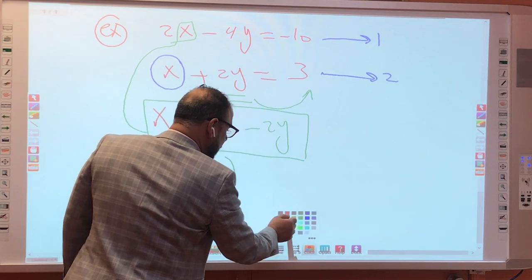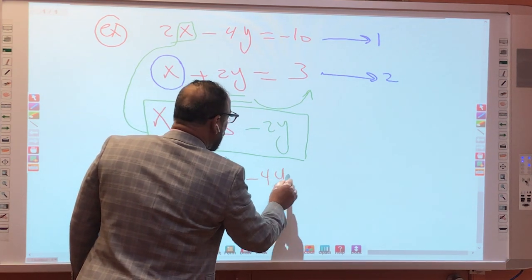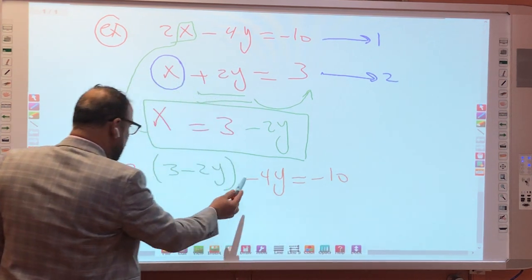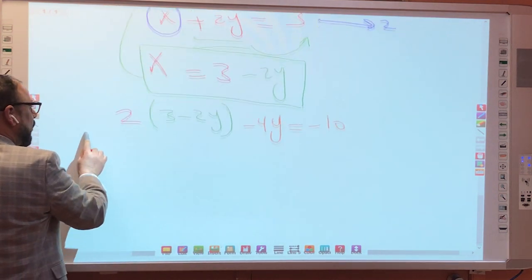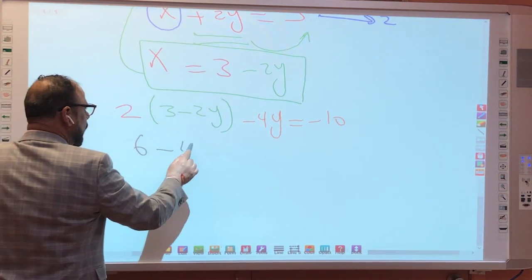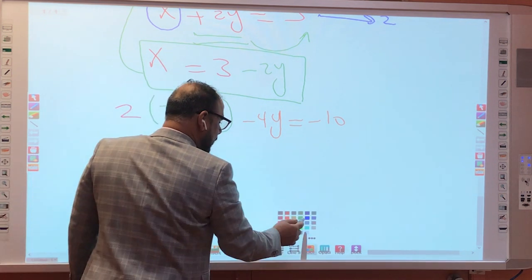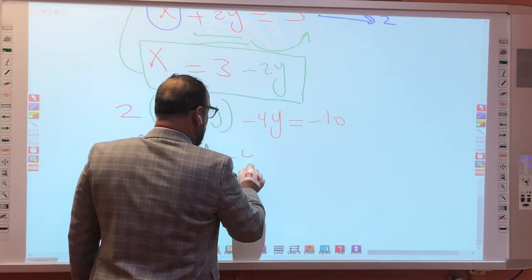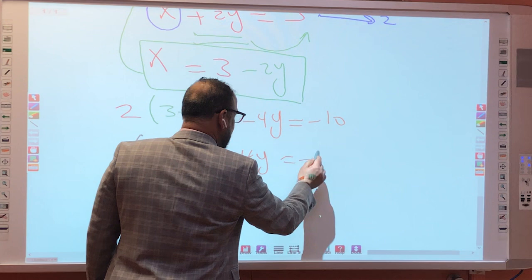So 2 times (3 minus 2y) minus 4y equals negative 10. Now it's easy as we did before. 2 times 3 is 6. Minus 4y. Minus 4y equals negative 10.